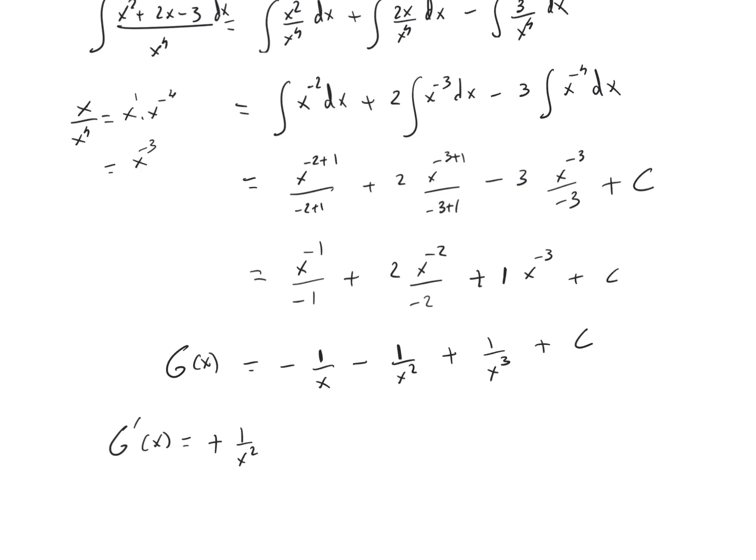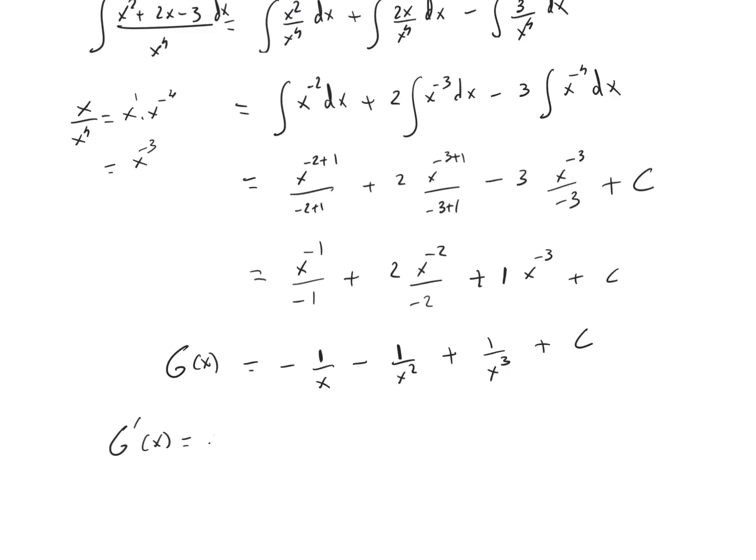The derivative of 1 divided by x squared is x to the minus 2, 2 times x to the minus 3, and the derivative of x to the minus 3, so let's put it in a more comfortable way. So I made a mistake. Okay, let's put it like this.